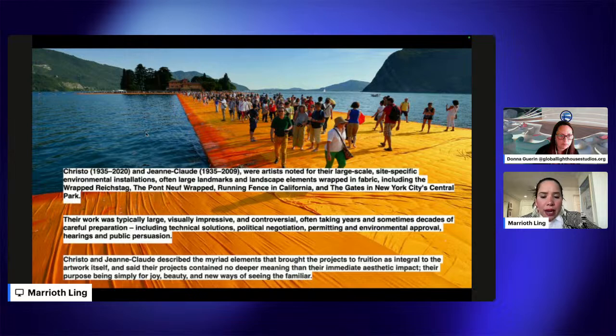Christo and Jeanne-Claude described the myriad elements that brought the projects to fruition as integral to the artwork itself, and said their projects contain no deeper meaning than their immediate aesthetic impact. So their purpose was simply joy, beauty, and new ways of seeing the familiar, which I think takes a lot of courage to say, because artists normally are trying to find the fifth leg of the cat.